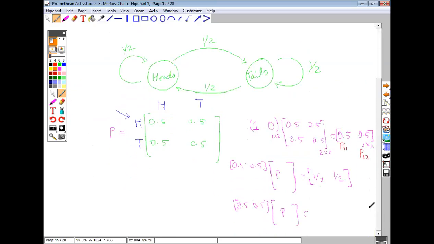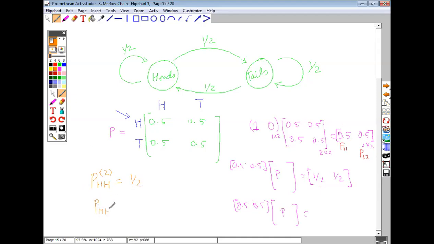If you see, the process has settled down to some equilibrium distribution. In this case it didn't take us that long, and in general, it might take a bit longer. If you check here, the probability that if you start at heads, you'll be at heads after even 2 time steps is going to be equal to a half.